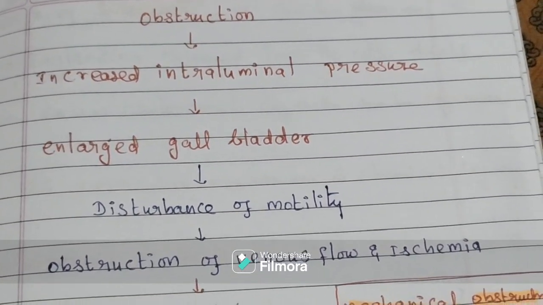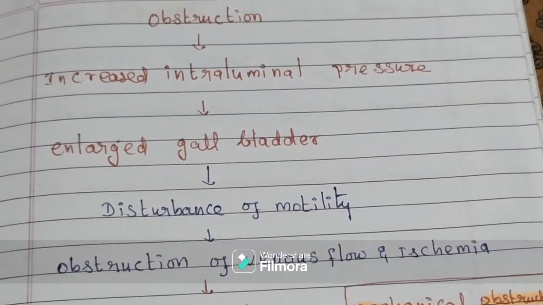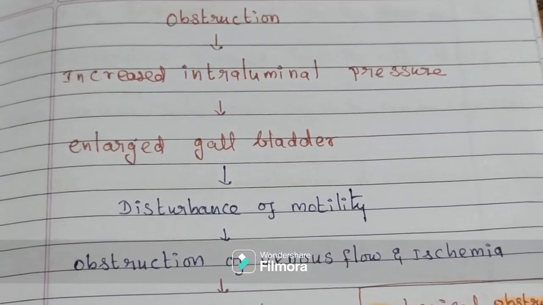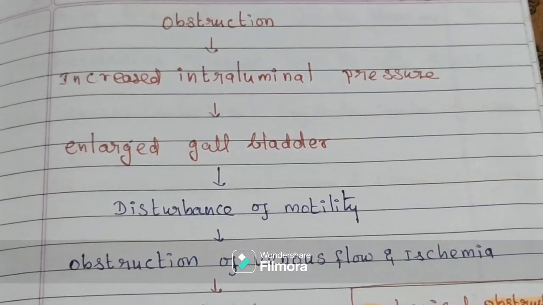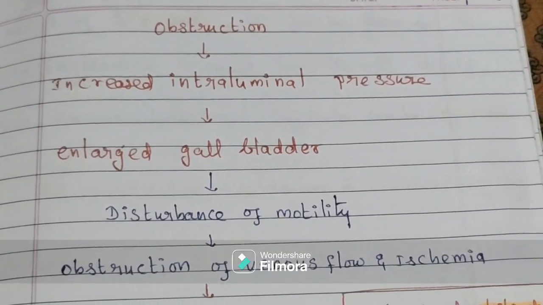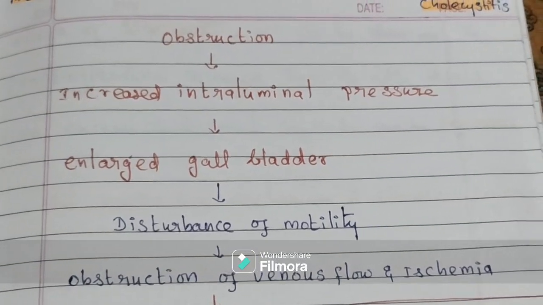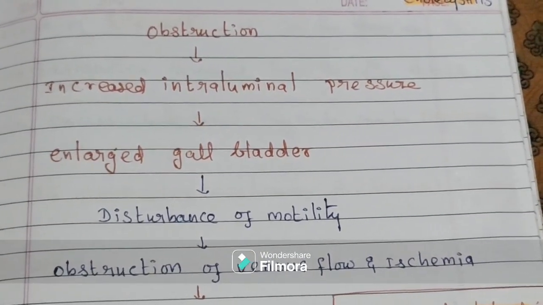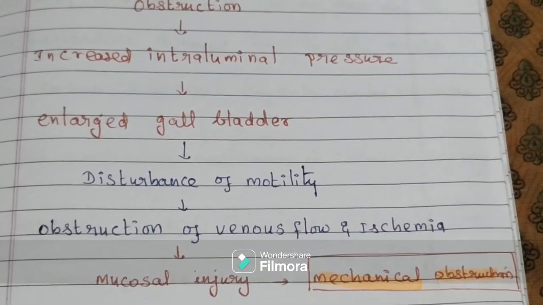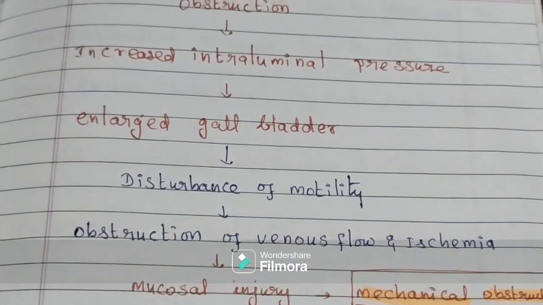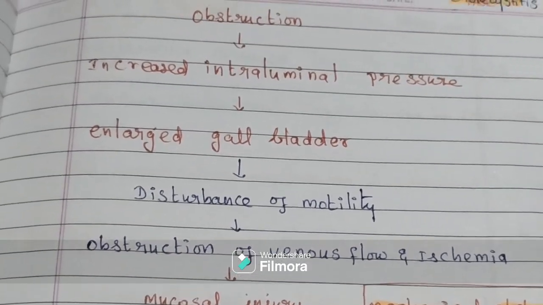This ischemia results in mucosal injury. So this type of inflammation is due to a mechanical cause, that is obstruction.